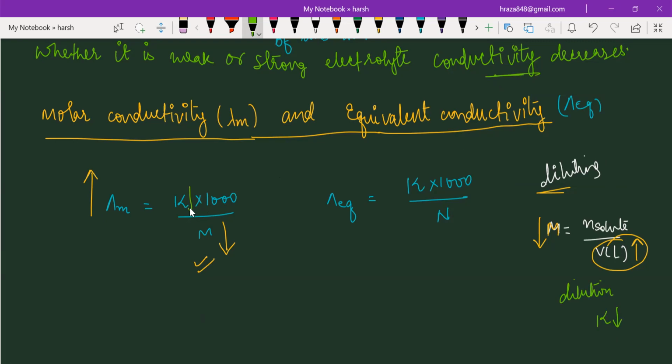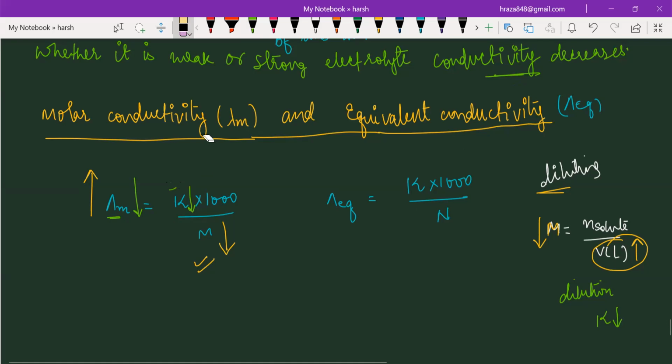If kappa decreases, molar conductivity also decreases, because lambda m, molar conductivity, is directly proportional to conductivity.